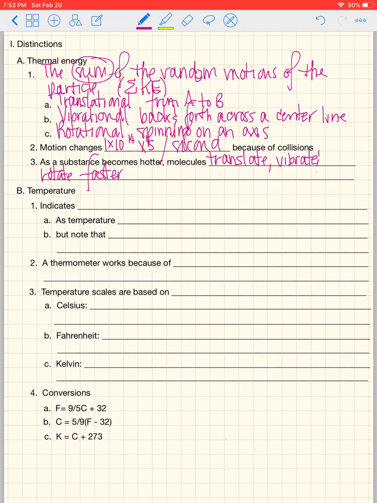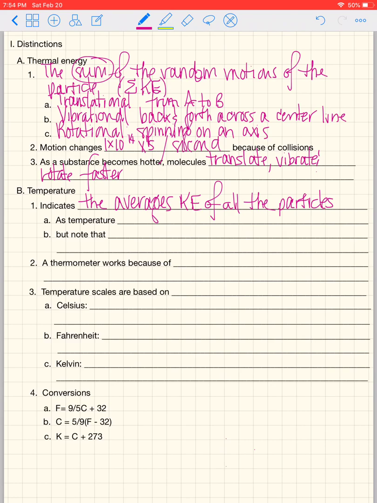Temperature indicates the average. And you'll notice that we're talking about some math terms here. It's not the sum of the kinetic energy, it's the average kinetic energy of all the particles in a substance.